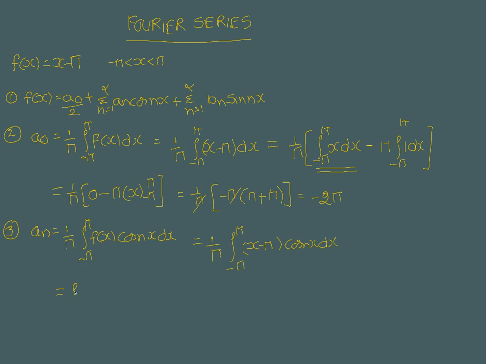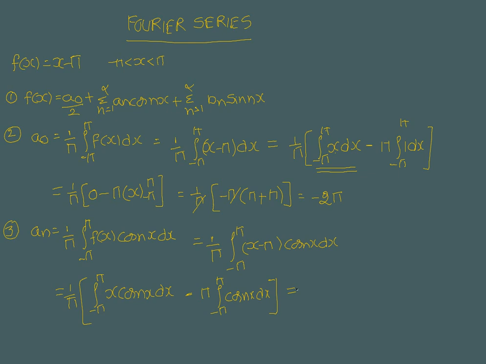You can write this as 1 by pi times [the integral from minus pi to pi of x cos nx dx, minus pi times the integral from minus pi to pi of cos nx dx].